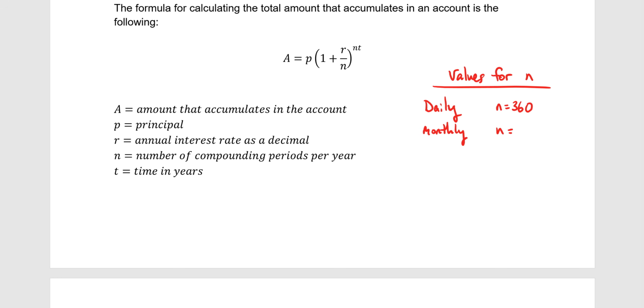Monthly means there are 12 compounding periods, 12 months in the year. And we can have quarterly. Quarterly is 4 times per year. And we can also have semi-annually, which semi pretty much means to chop in half, so twice per year. So those are the 4 main ones that we're going to be using for our N values.